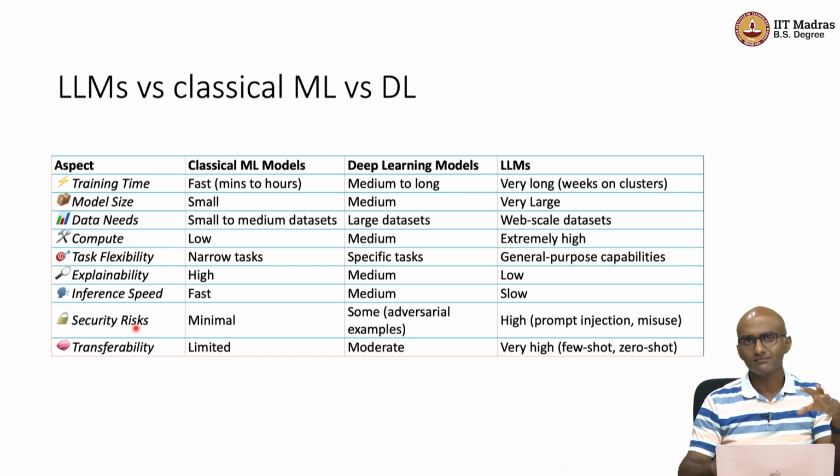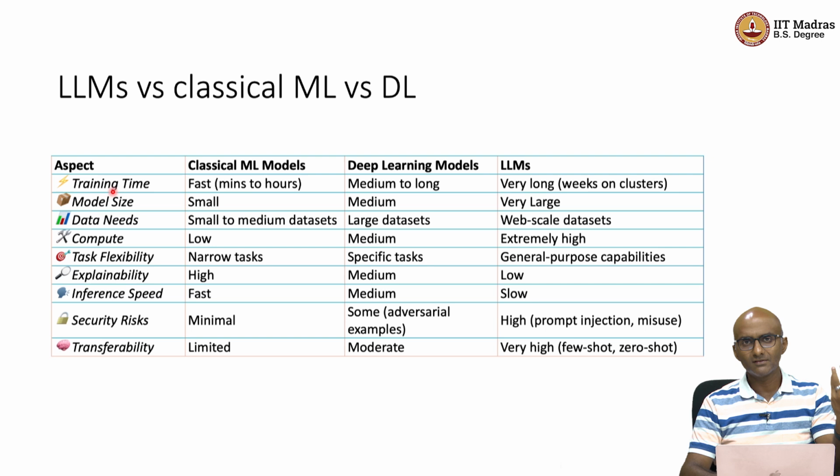With that as the context, right? No pun intended. So let's take a look at how LLMs change the dynamic when it comes to operations. And this is going to be in contrast with classical ML and deep learning as well. So I'm going to just plot these as three different columns: classical ML models, deep learning models, and LLMs.